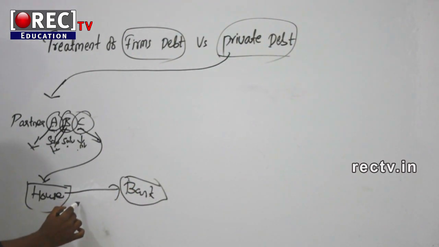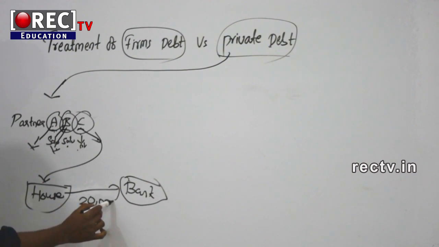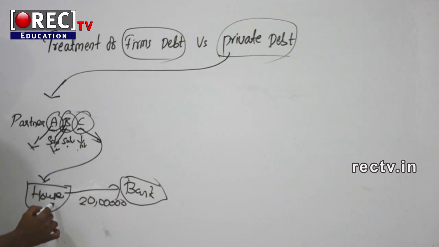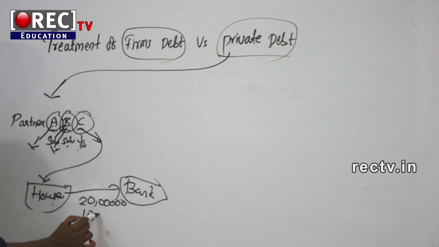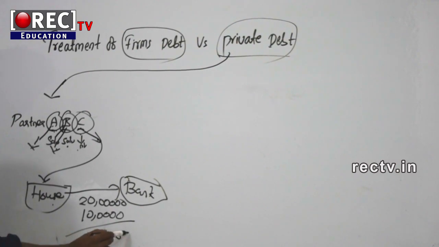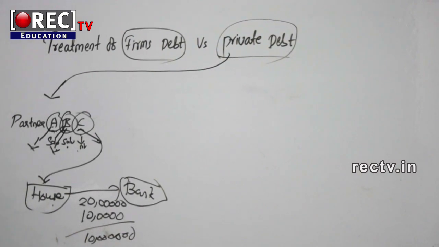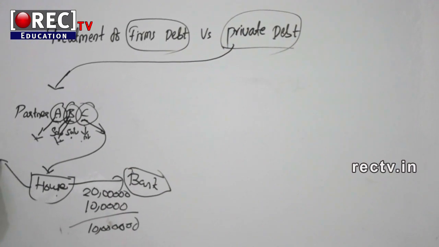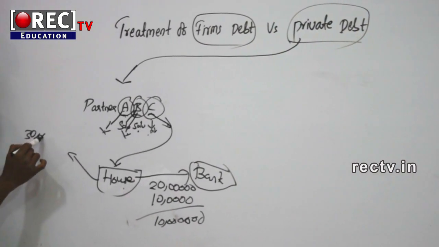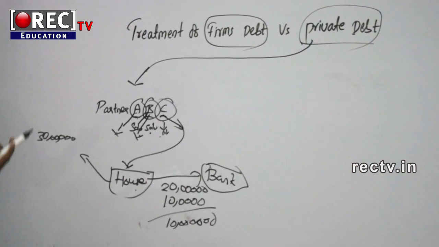So the value is 20 lakhs. Already C had paid 10 lakhs to the bank, so the remaining 10 lakhs should be paid by C. In this situation, this house is going to be sold at 50 lakhs. Now in this situation, you will understand clearly the meaning of private debt.